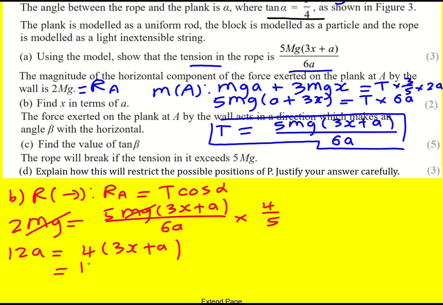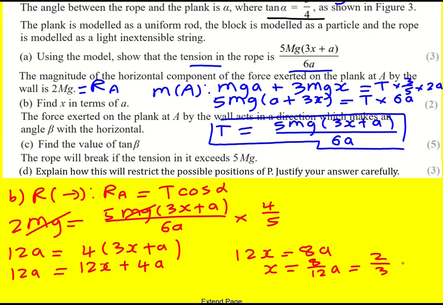Let's multiply this out. I'm going to get 12x plus 4a. And that means that 12x is going to equal 8a. So x is going to be 8 over 12 a. I can divide through by 4. It's going to be 2/3 a. I've managed to get x in terms of a.